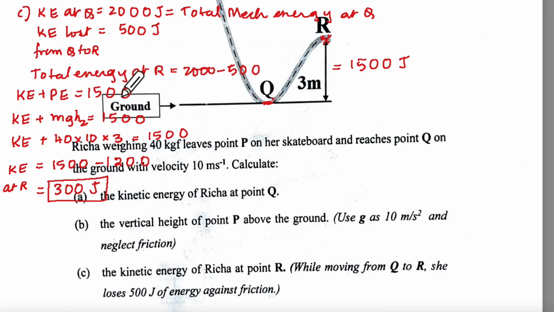So KE plus PE is 1500, and this is mgh2. This data has been given. So this is 1200. So 300. Now let's check back. Here it is 1500 joules, and that is 1200 plus 300. So 1200 is your mgh, that is PE. So this must be kinetic energy, and that is our answer C.